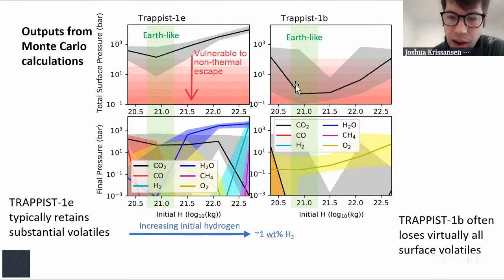As you add more hydrogen, it's easier to drag off the carbon and oxygen bearing species, and so you get left with very small final volatile inventories. But as you add more and more hydrogen, that can react with the molten interior, replenishing water, which adds to your secondary atmosphere and also shields the carbon from escape. If you have more water and oxygen around, less of the XUV energy goes into dragging carbon. So that's why you see this U-shaped behavior.